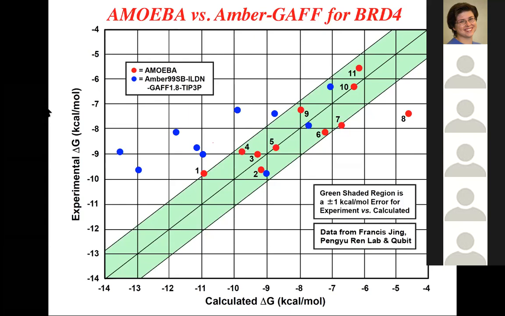Okay. And then the next question is from Kiri Kidi. Why does polarization in the force field play such an important role in the results? Well, because it's including the effects of the environment. I didn't have time to go into it, but we think the reason we do pretty well on some of these host-guest systems is maybe not even so much the description of the ligand, it's the bound water.